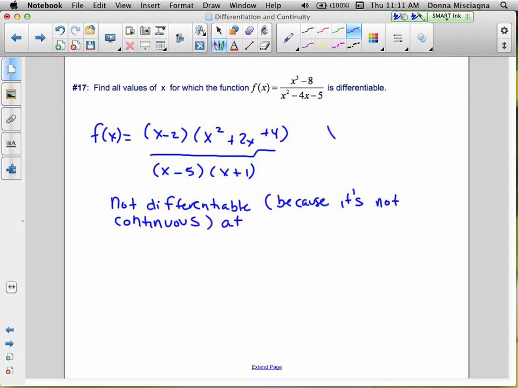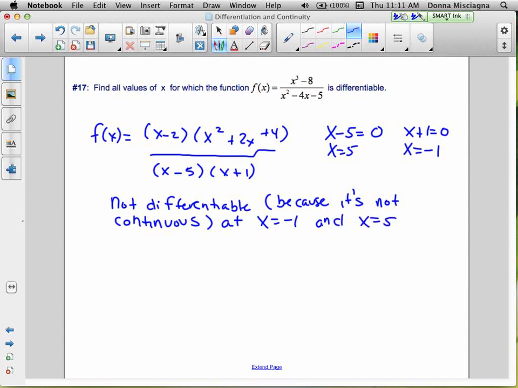So right here we're going to have an asymptote at x equals 5, and x plus 1 equals 0, x equals negative 1. So not differentiable at x equals negative 1 and x equals 5. Right?